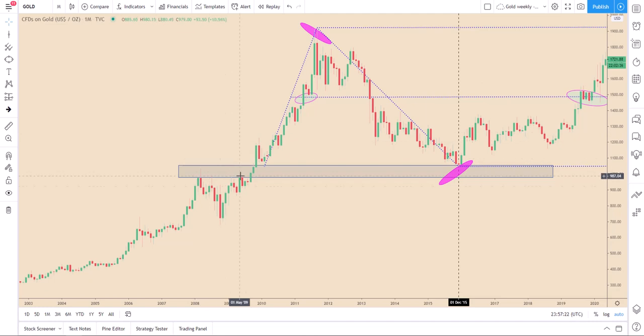Finally gold gathers enough energy to push up through that resistance level, and now in February of 2010 it tests that support and resistance zone as a support, and then moves off and throws on, what is that, 1054, 1900, 1100, what's that?